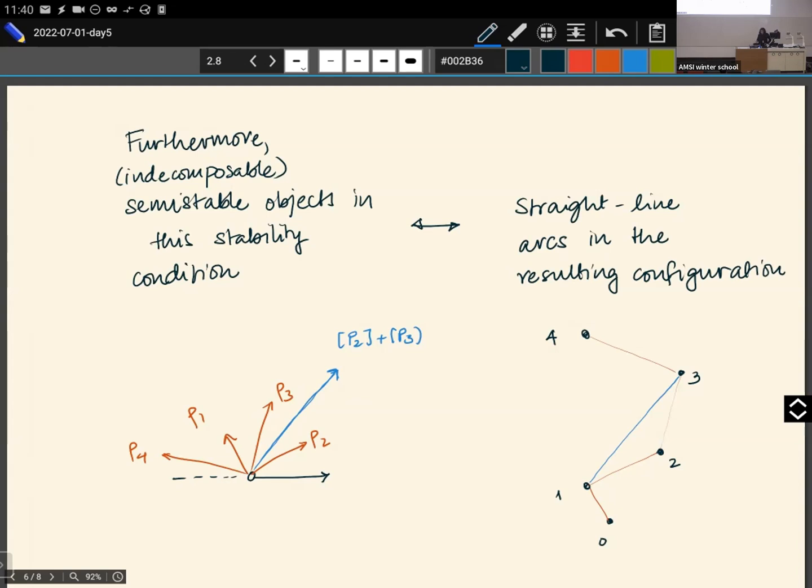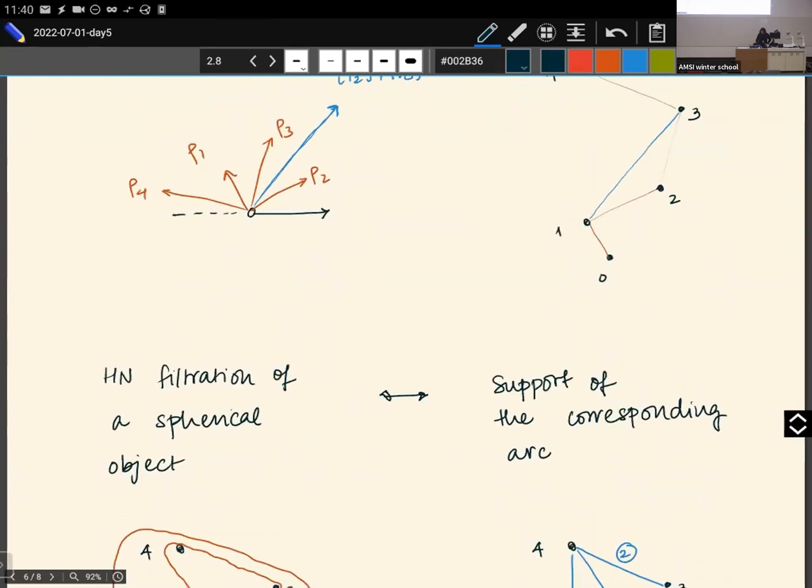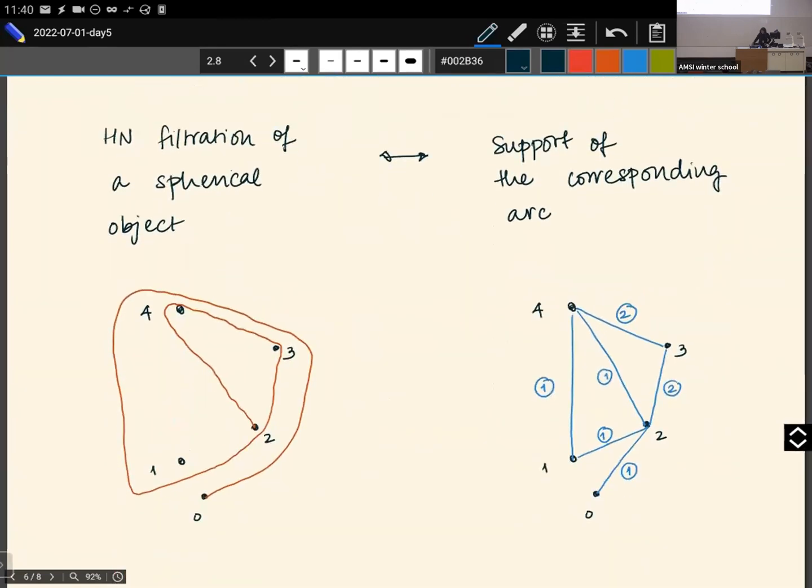And we've already seen how to do that without reference to stability conditions somehow. So maybe it's what you thought it was. If you take some complicated object, which looks like some complicated arc in the plane, and you want to figure out what are the semi-stable objects that appear in its Harder-Narasimhan filtration, then you just take the support of the corresponding arc, like we were doing yesterday.